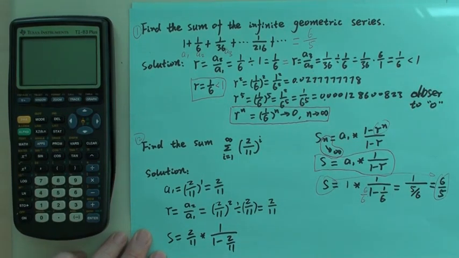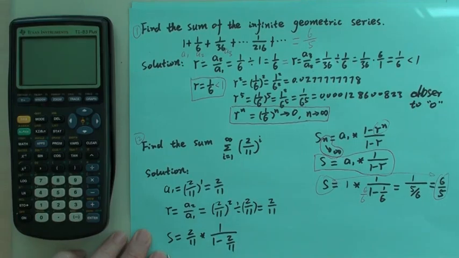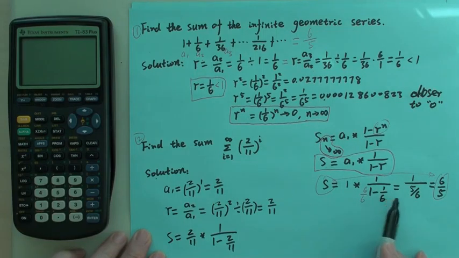In this case, it's a little bit special because A1 is 2 over 11 and R is also 2 over 11. Previously it was different, because A1 was 1 and R was 1 over 6.